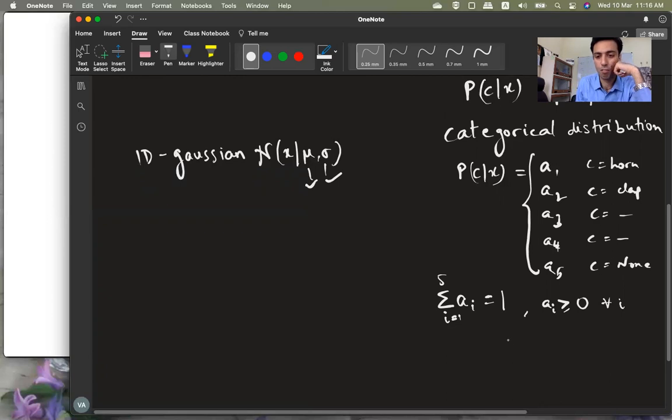There are 5 unknown parameters, but then there is one equation which tells you something about those parameters. So total, how many unknown will be remaining? 4, yes. Because you can estimate the fifth one using the values of these 4. If I know A1, A2, A3, A4, I can estimate A5, just 1 minus (A1 plus A2 plus A3 plus A4). So 4 unknown parameters are there.